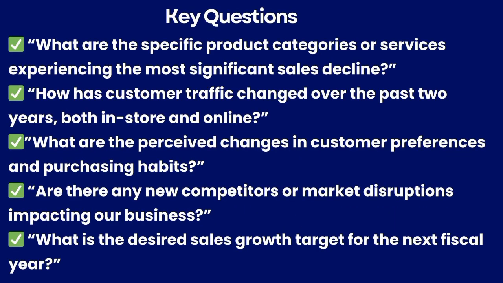This is the part where a data analyst must be very, very smart. So question number one can be, what are the specific product categories or services experiencing the most significant sales decline?